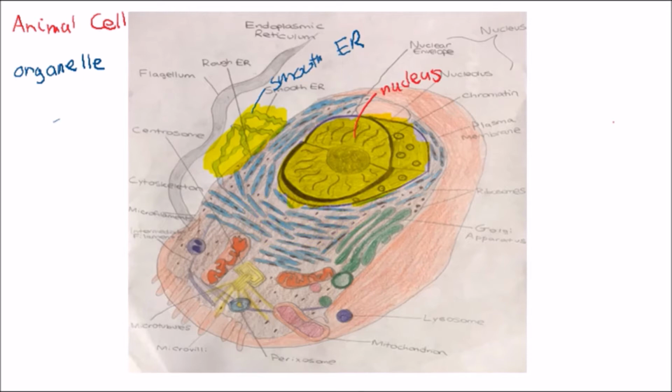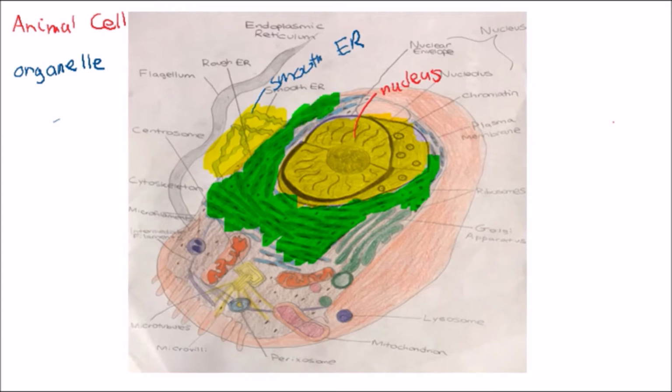Let me use a different color. The rough ER is over here. The difference between rough ER and smooth ER is that rough ER have something special called ribosomes. I'm not going to expect you to know that in this video, but if you're wondering what the difference is between smooth ER and rough ER, that's it.